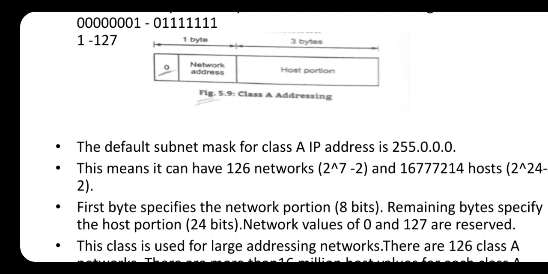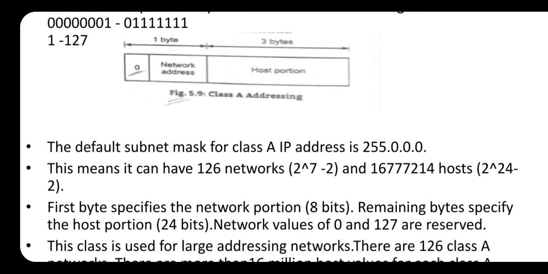We can create 126 networks in class A. And the host, how many bytes? 3 bytes, that is 24 bits, that is 2 raised to 24 minus 2, that is more than 16 million users added into the class A network.